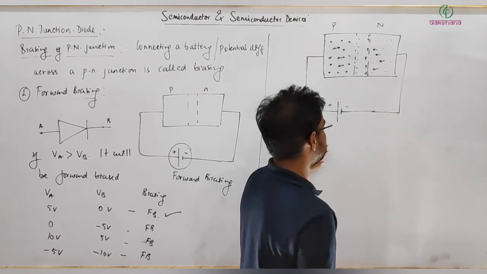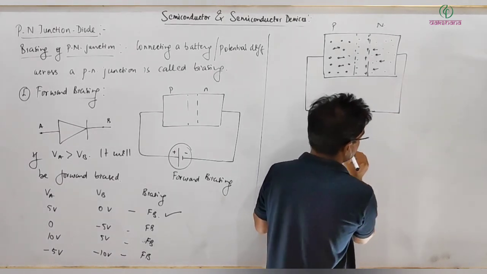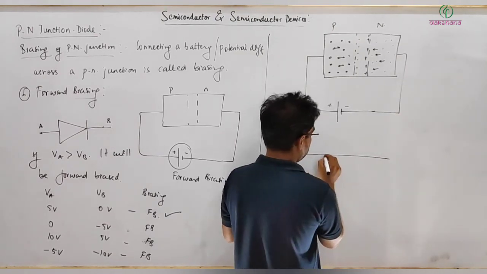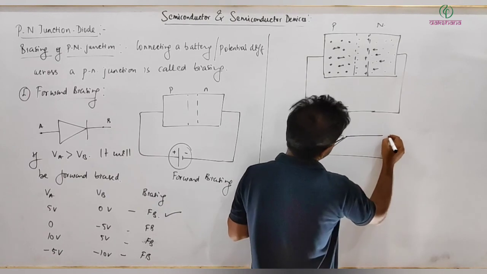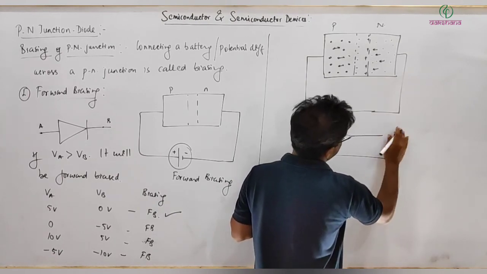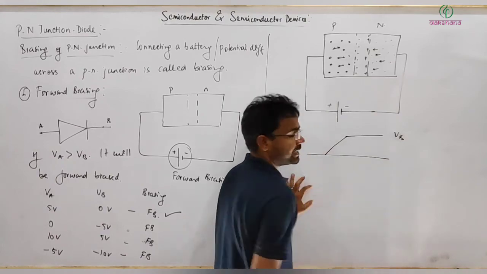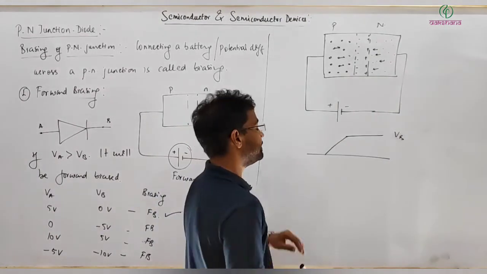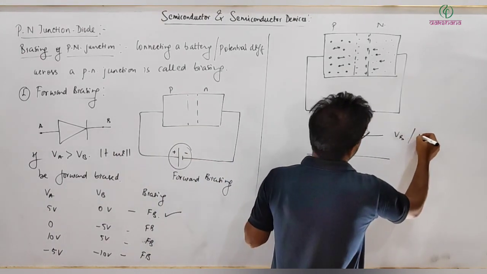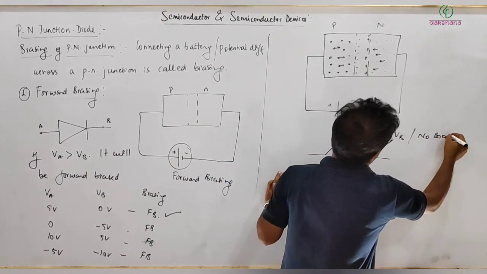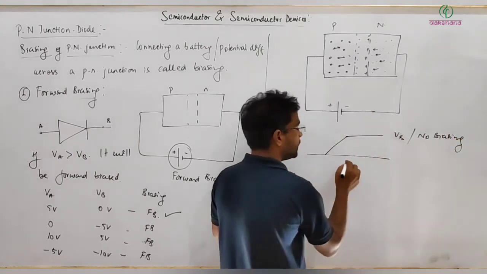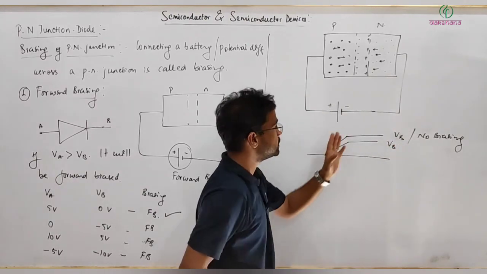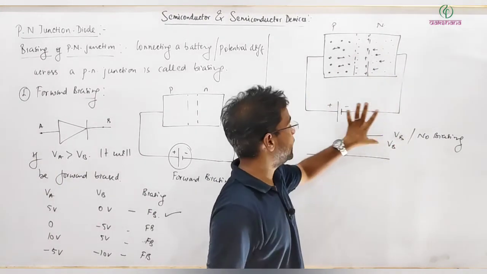So what happens in the case of forward biasing is, if this is the potential barrier, we write it as VB, also called the barrier voltage. If it is V, that is like the no biasing condition. Then in case of forward biasing, it effectively reduces the barrier because the applied voltage opposes it, understanding.